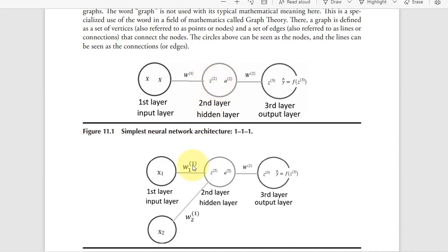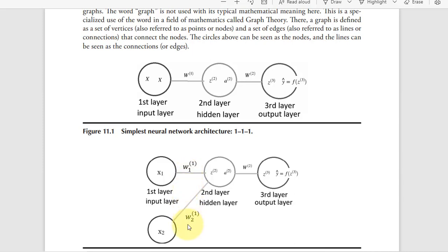And then over here, to get this z2, all we do is take this x, which is a number, times this w, which is also a number. Now in this case, to get this z2, when we have 2 inputs here, we have 2 w's here. These are weights, actually. They're called weights.